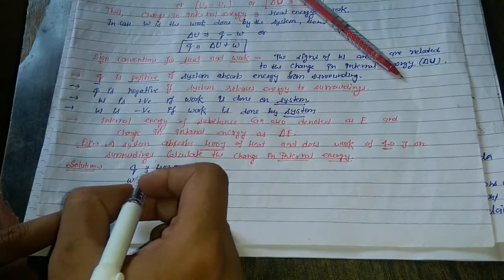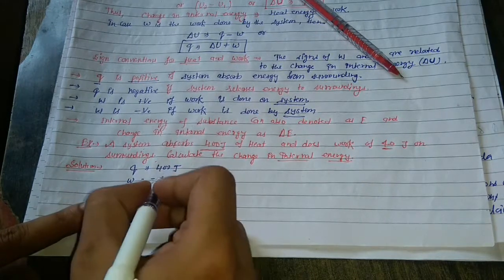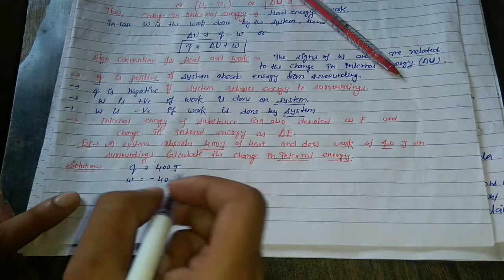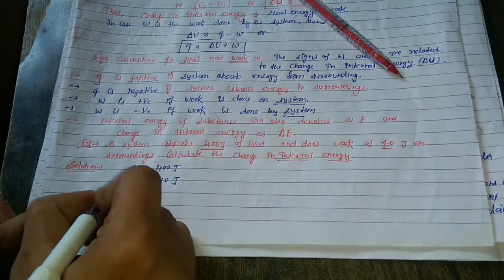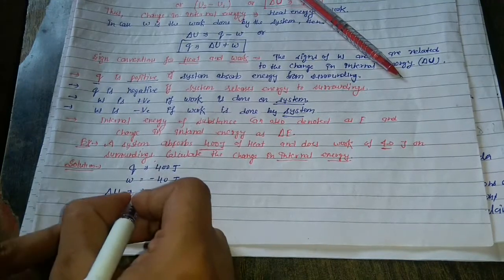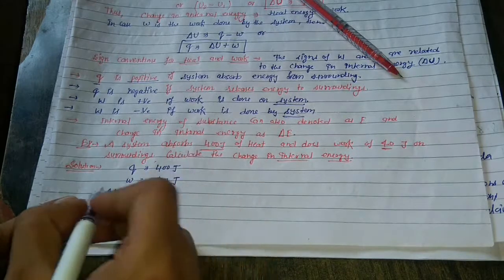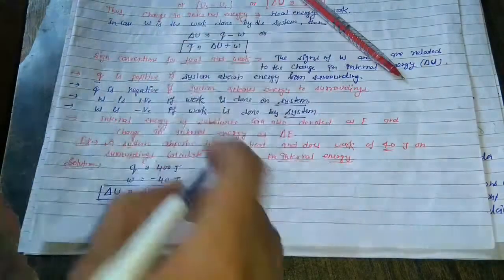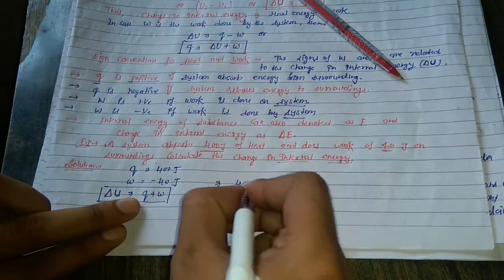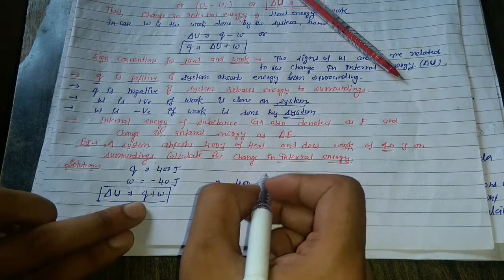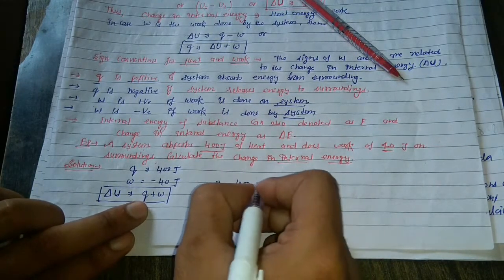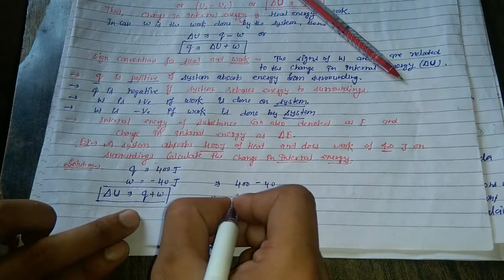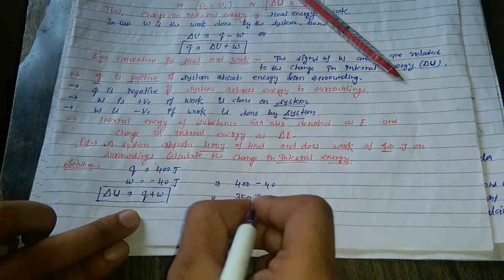So W is equal to minus 40 joule. Okay, now the first law of thermodynamics, we have the equation change in internal energy del U equal to Q plus W. So putting the value of Q, we have 400 and we have minus 40, so we have remaining the value 360 joule.